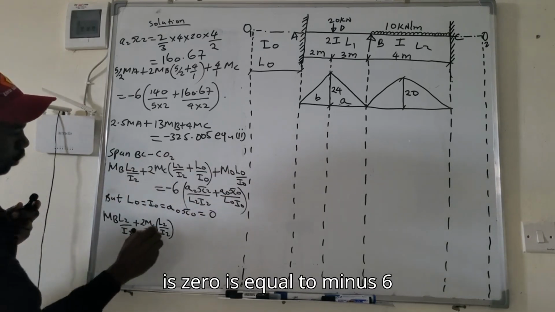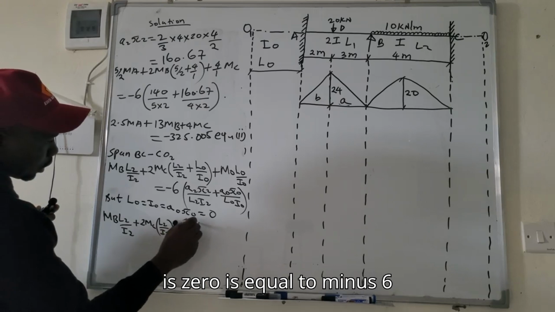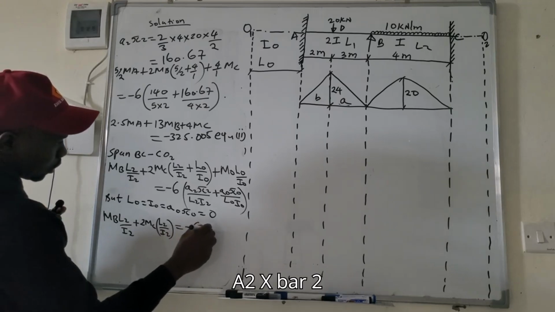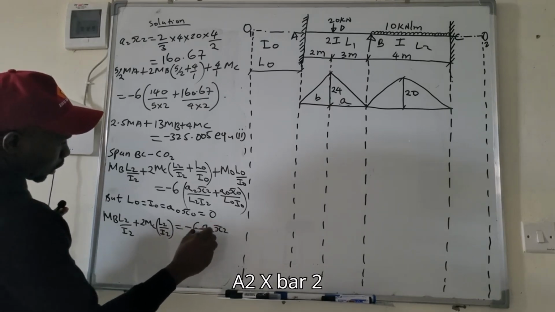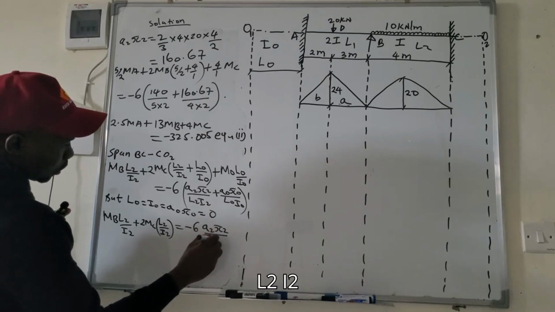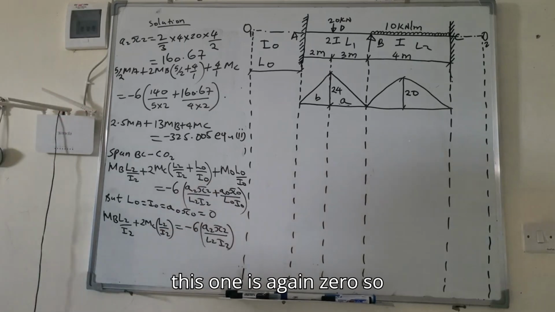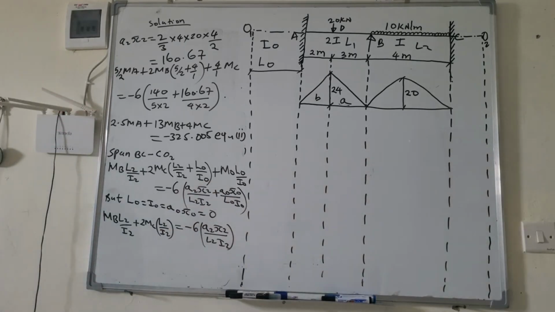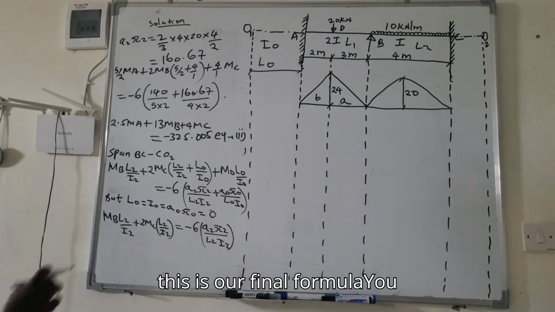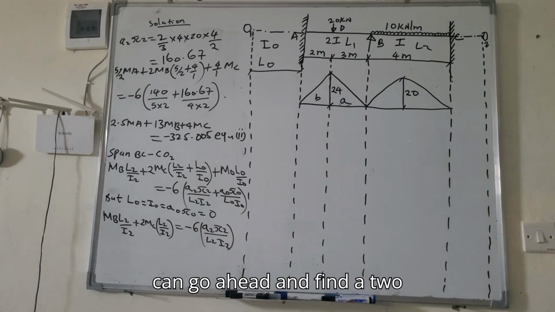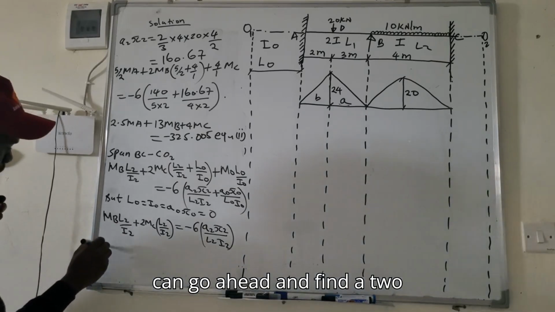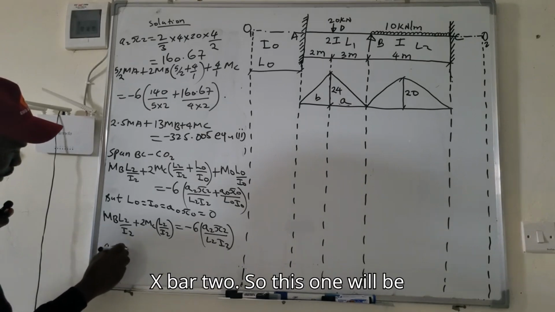Again, this one is 0, equal to minus 6 A2 x bar 2 L2 I2. This one is again 0. So this is our final formula. You can go ahead and find A2 x bar 2.